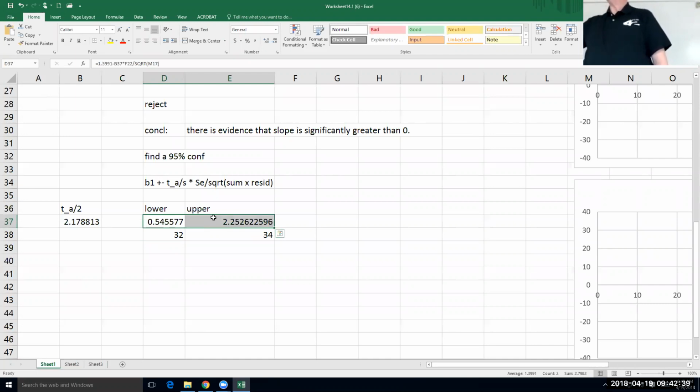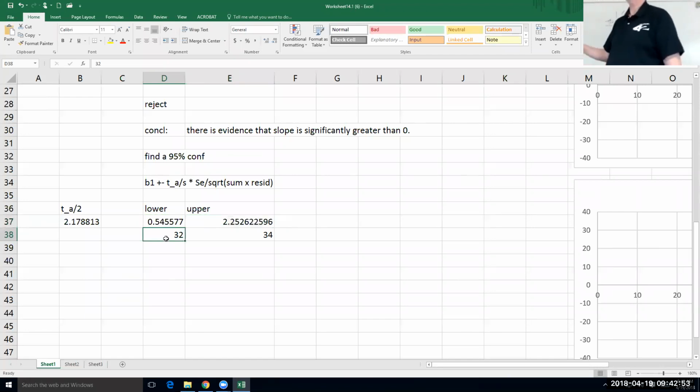So there's two things you want to be checking. Number one, is my point estimate in there? If it's not, I made a mistake. If it is, I might have made a mistake anyway, but at least I'll feel better. Number two, is 0 in the interval. In this case, 0 isn't in the interval, so therefore it is significant.